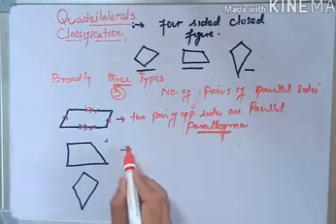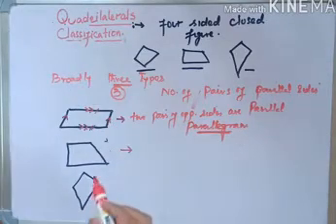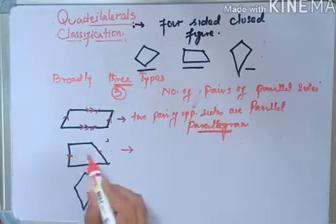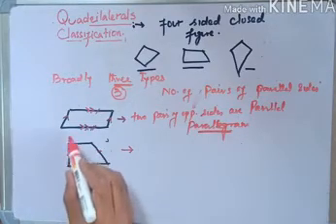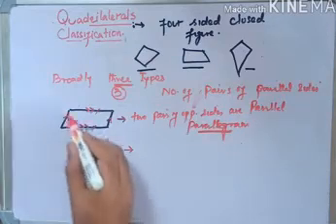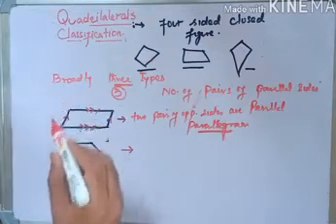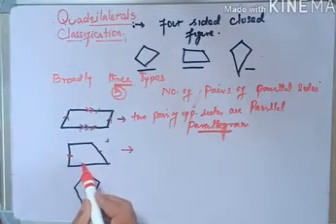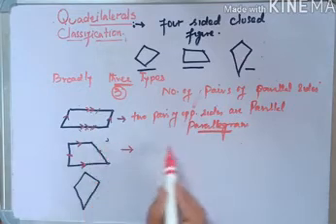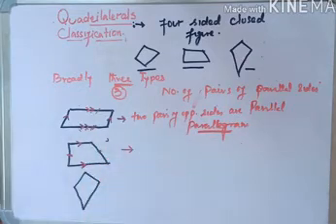But in this quadrilateral, you can see that this side and this side are not parallel to each other. This side goes in this direction and this side goes in this direction. If we extend them, they can meet at some point, here. But this side is parallel to this side. They go in this direction, and they cannot meet when extended.